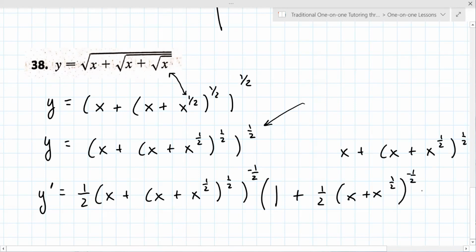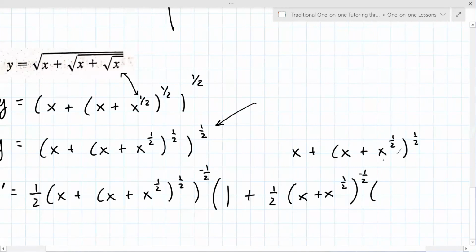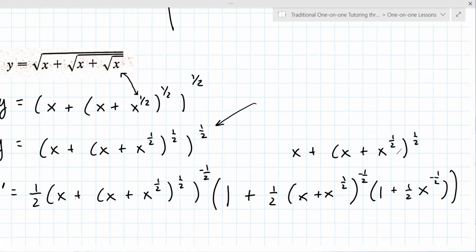But now you have a chain rule. Now you have to take the derivative of this inside function, this x plus x to the 1/2. Be 1/2 or 1, my math. 1 plus 1/2 x to the negative 1/2. Good. Maybe that wasn't as clear as I was hoping.